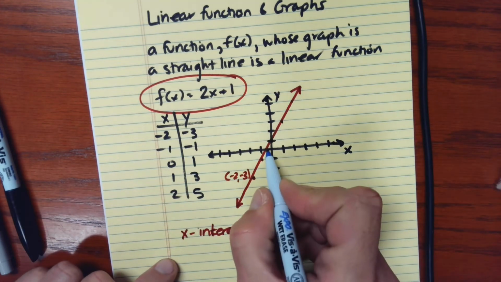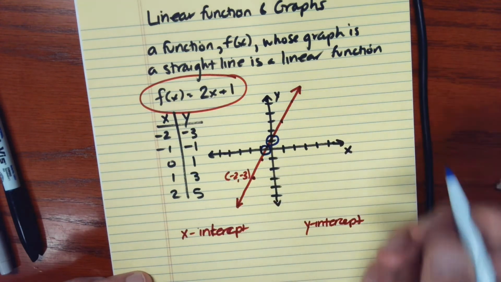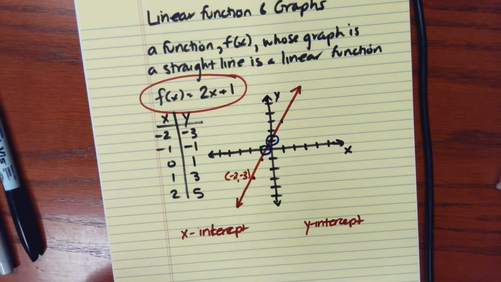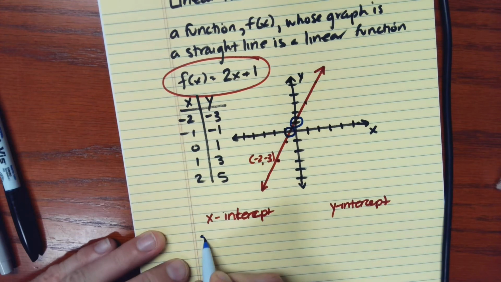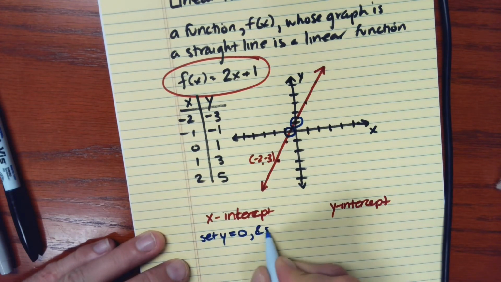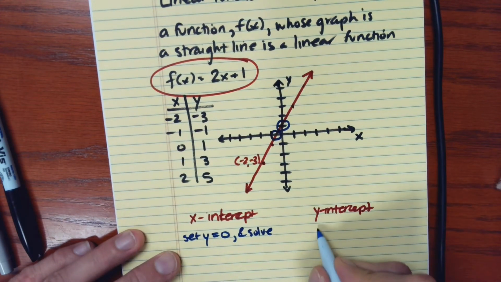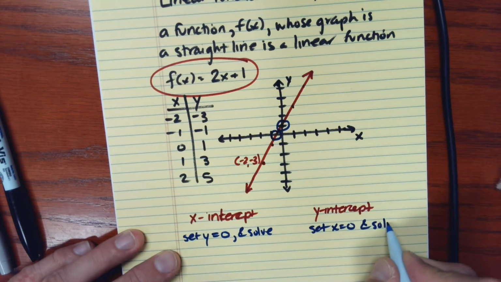So in this example, this is the x-intercept, and the y-intercept is where you cross the y-axis. In order to find the x-intercept, you can set y equal to 0 and solve. And to find the y-intercept, you'll do the opposite. Set x equal to 0 and solve.